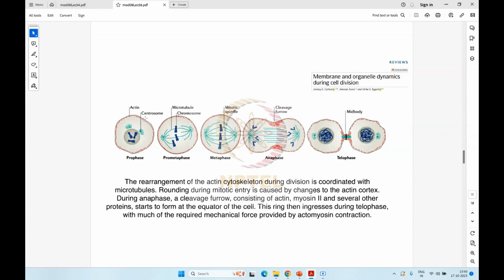So if you are giving rise to two identical cells, you basically have to give them equal lipid composition as well, right? The surface of that cell might not have uniform lipid composition, so it needs to rearrange all of that and then divide the plasma membrane as well.